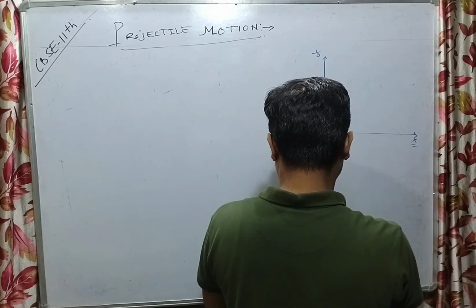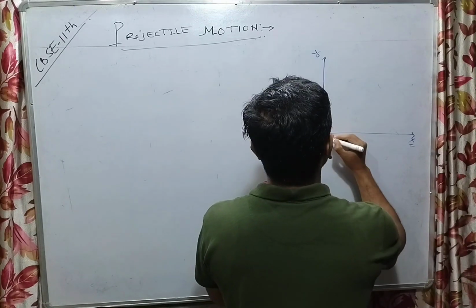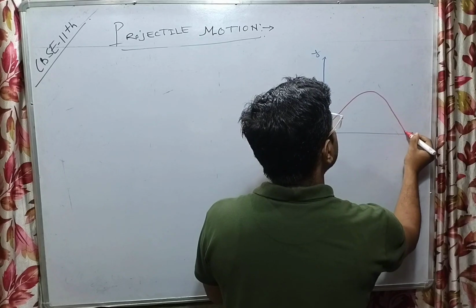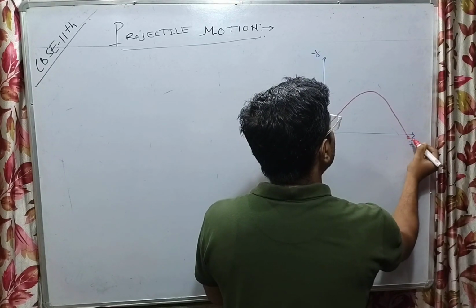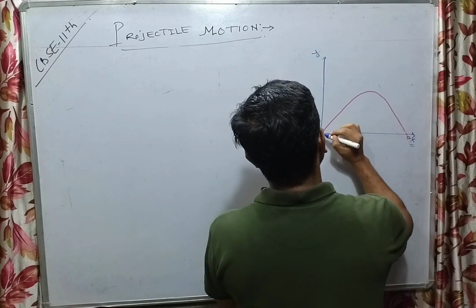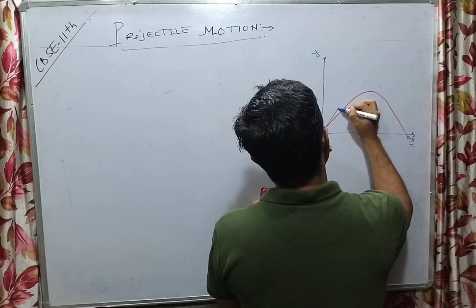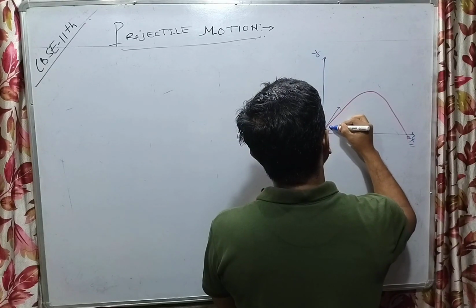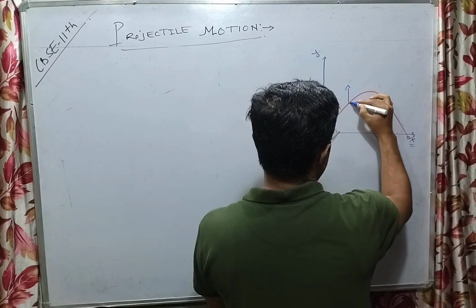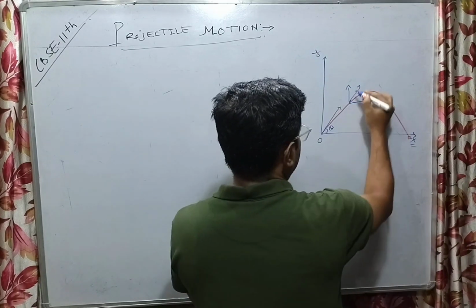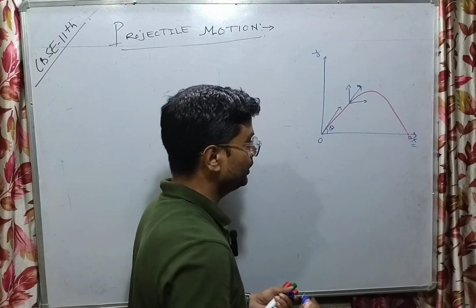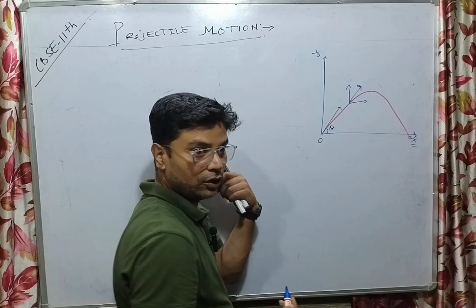Suppose an object is projected like this. It reaches point B, and the object makes an angle theta with the origin. Here you can draw another figure.